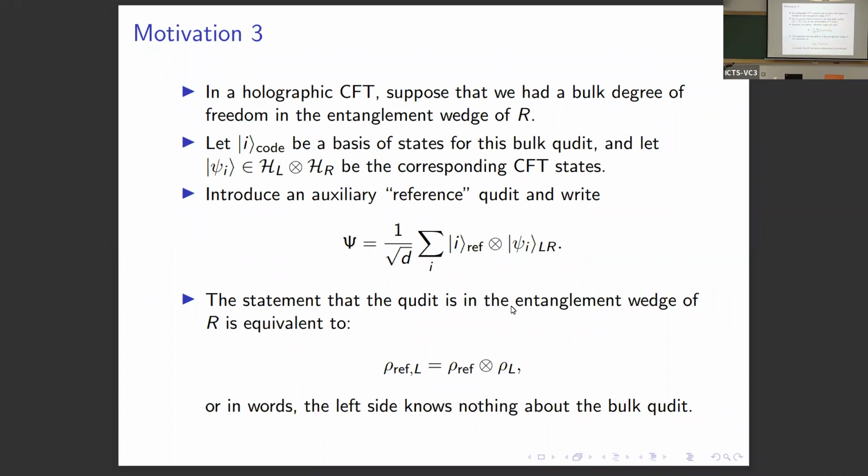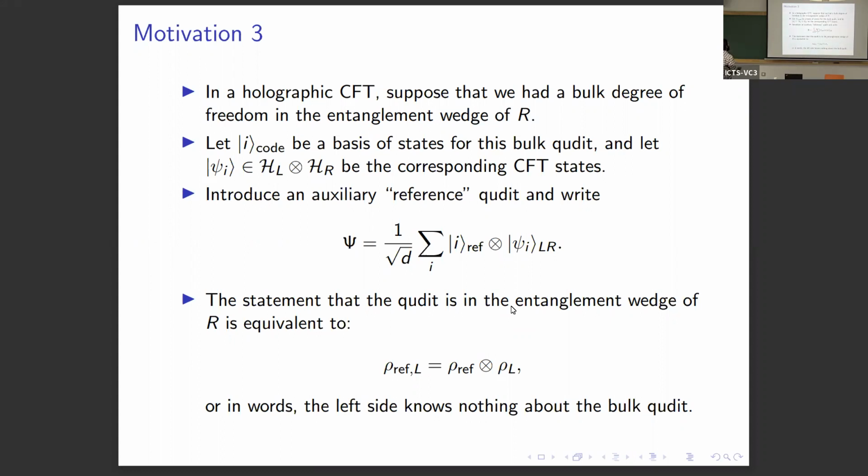The corresponding set of boundary CFT states are called psi sub I. The same label I appears here. These psi sub I are boundary CFT states on this H left tensor H right Hilbert space, such that the bulk qubit is in the state little I.